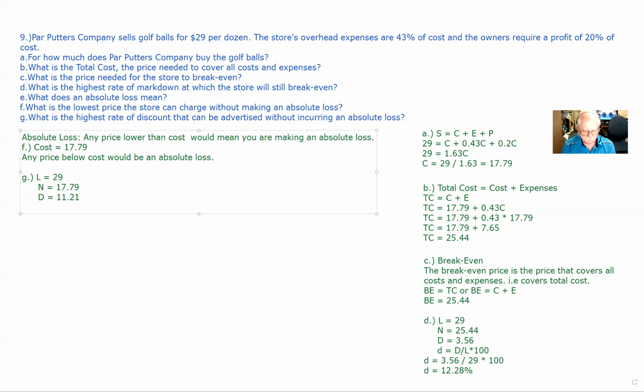And so the rate of discount is going to be the dollar value of the discount divided by the list times 100. So that's going to be 11.21 divided by 29 times 100. And what do we get there? And I'm getting 38.66%.